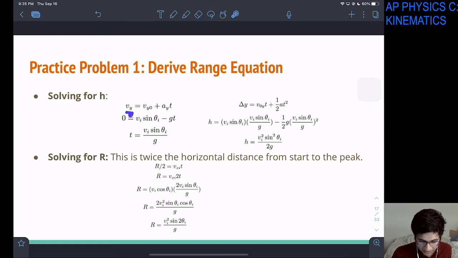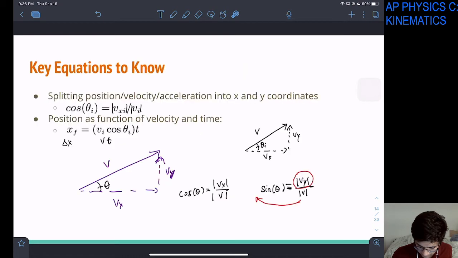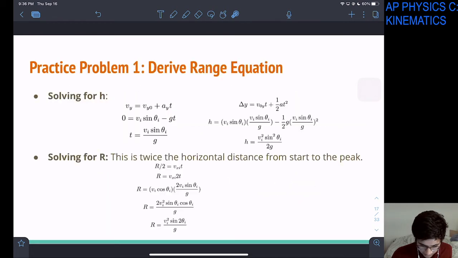Right now we're using our kinematics equations. So our final velocity in the y direction is 0. Our initial velocity, which we wrote over here, oh, I think I erased it. Well, our initial velocity is v sine theta, where theta is our angle. And what is our acceleration? So here's what's important. It's going to be minus g.